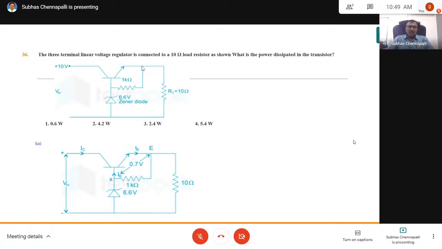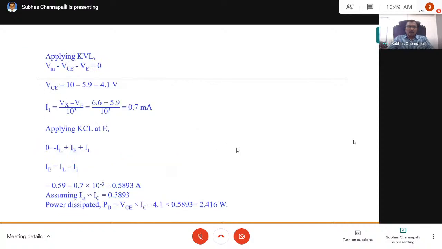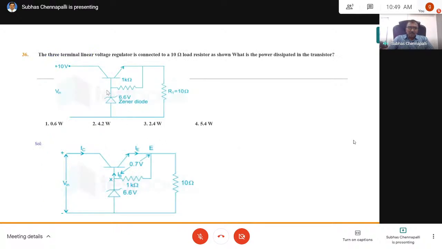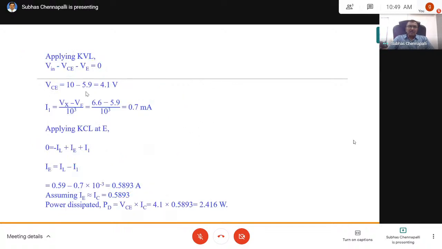From here to here I have to subtract 6.6 minus 0.7, we get 5.9. So VCE is equal to 4.1 volts.